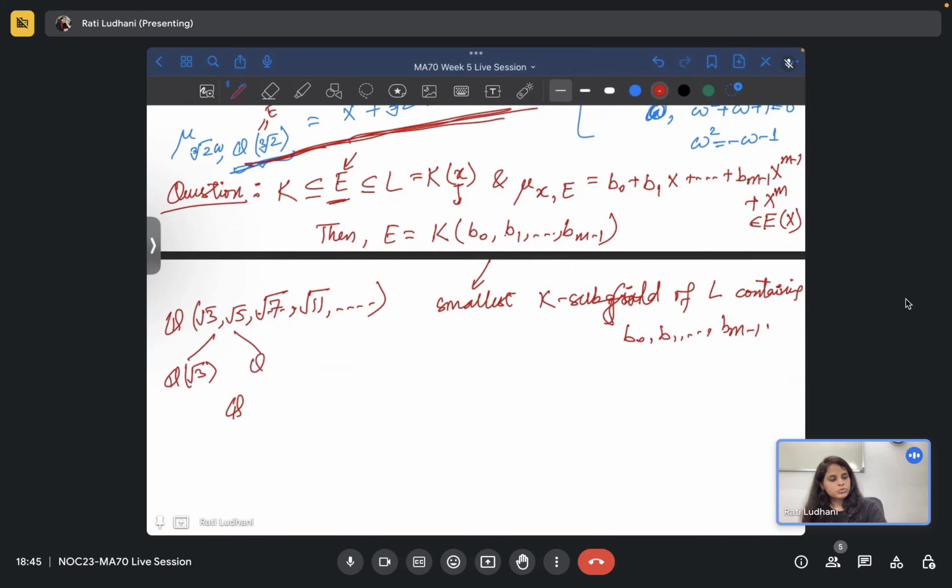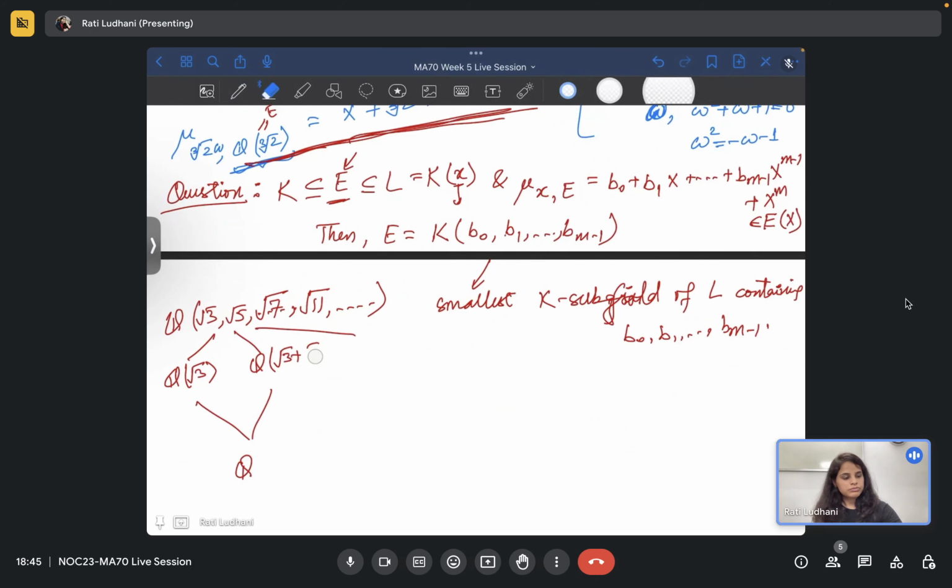You can have Q(cube root of 3 plus cube root of 5). You don't know if this is equal to something else. There are infinitely many of course, and there could be anything like attaching 2 elements, attaching 3 elements. You take all the combinations. You can take twice root 5, right? You can have so many.